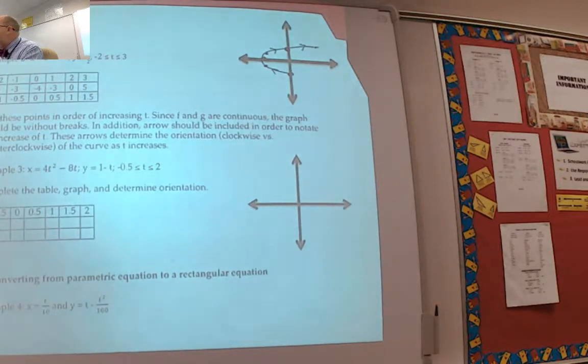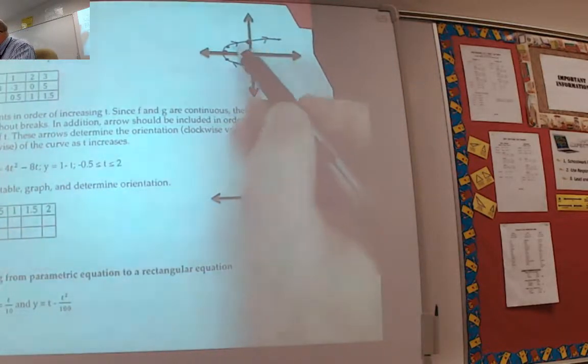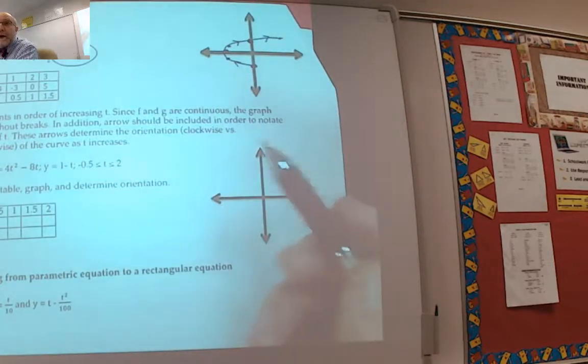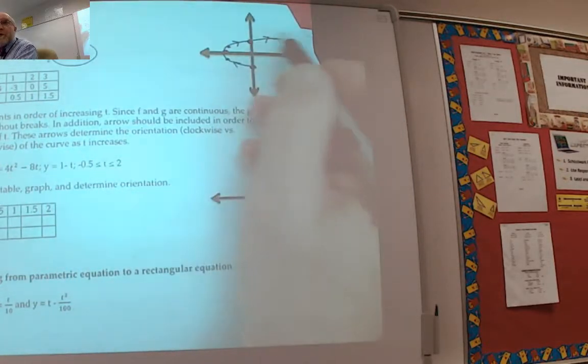So those are both on there. They're about 2 to 3 minutes long. I think they're very helpful. I think it's easier on the Casio, but they do talk about how you can adjust the values of time. Because when you graph it on your calculator, you tell your calculator where to start, where to end, and it graphs just that portion for you. Does that kind of make sense?